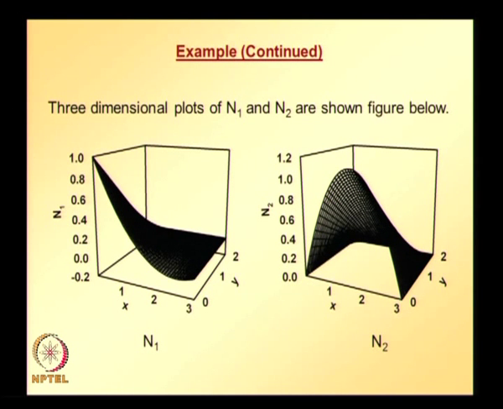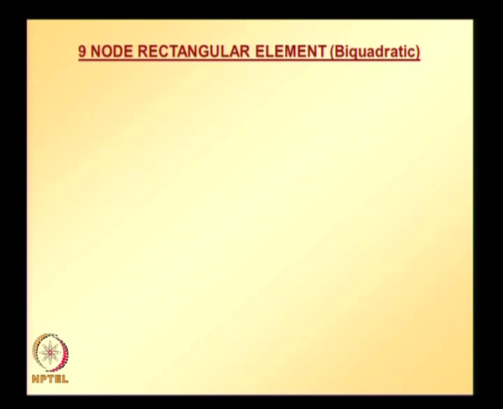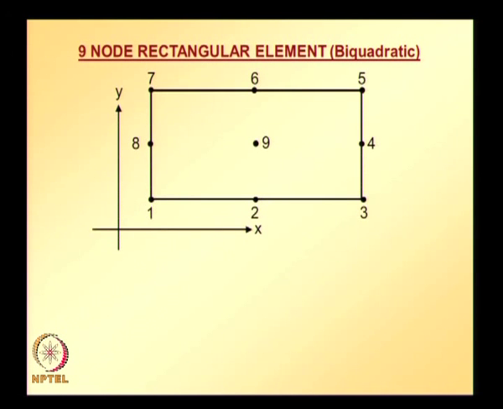So, now let us look at another Lagrangian element, which is the 9 node rectangular element. A 9 node rectangular element is shown here, and x y axes are also shown in the figure.